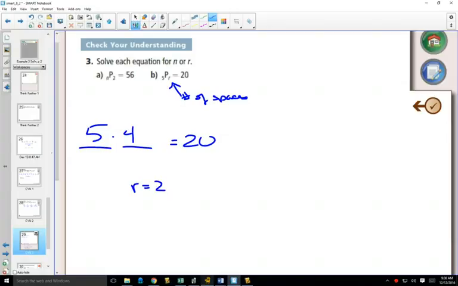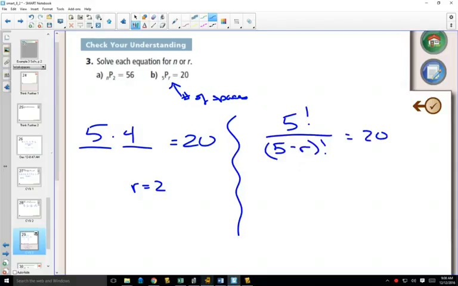I guess if you tried to do this algebraically, you would say 5 factorial on the top, 5 minus r factorial on the bottom equals 20. And then you would have 5 times 5 minus 1 times 5 minus 2.